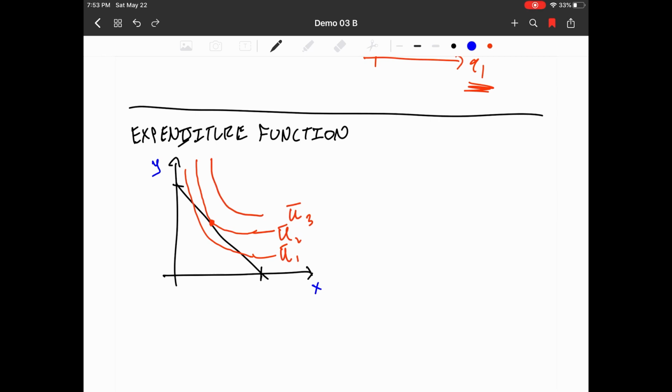So this point was feasible. We were able to pay for it, but it was also the highest utility we could achieve. The expenditure function comes at this problem from the other angle.